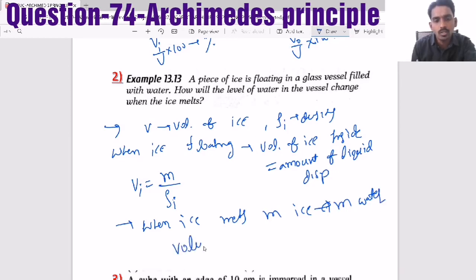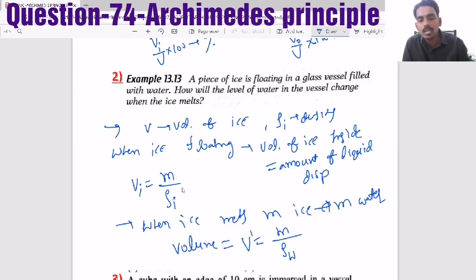Now the volume, let's say V dash, is M water by rho W. But initially, Vi volume is inside, so Vi amount of volume of liquid, water, got displaced.